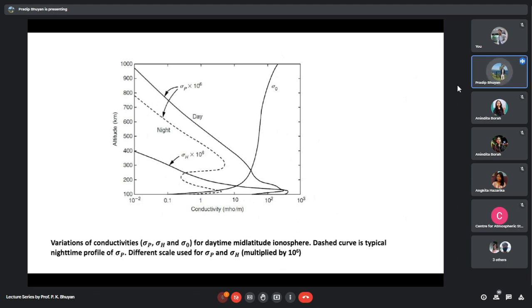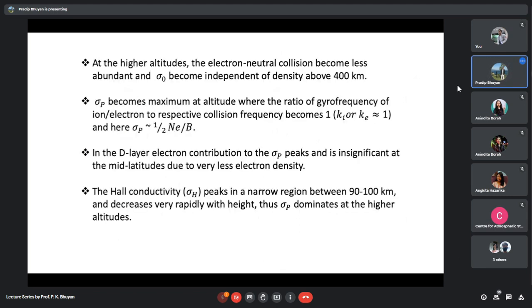That means in the F region, or above the F region, in the top side, only the meridional or longitudinal conductivity will matter. Sigma P will be much less, similarly Sigma H also, okay? But different scales are used for different conductivities. Values are different, but the shape is this, okay.